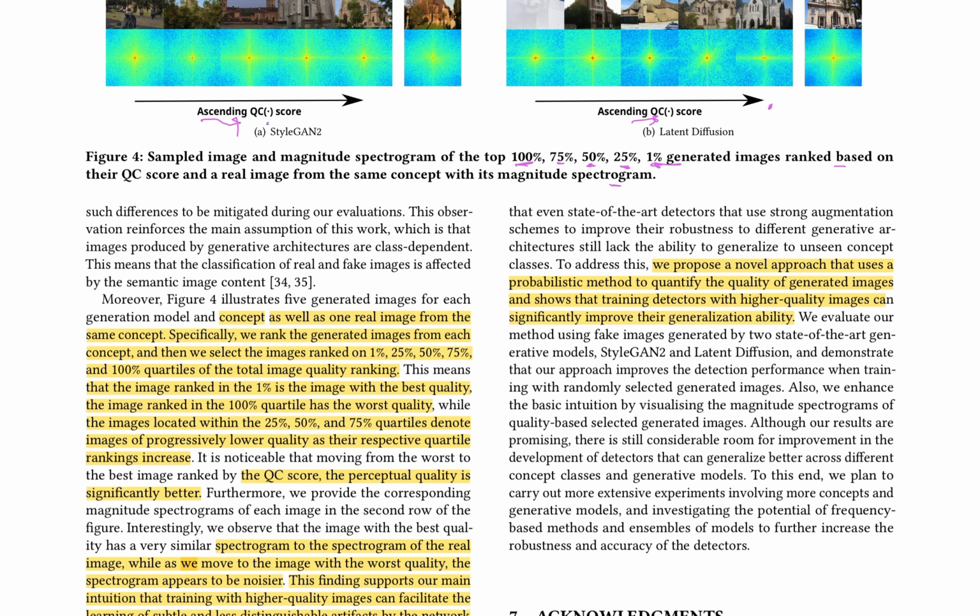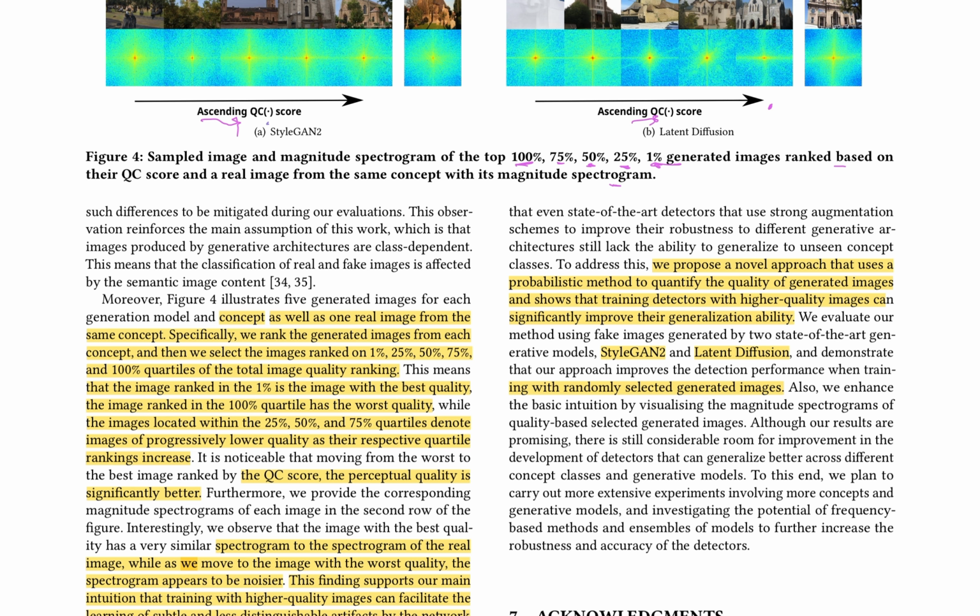We evaluate our methods using fake images generated by two state-of-the-art generative models, StyleGAN2 and latent diffusion, and demonstrate that our approach improves the detection performance compared to training with randomly selected generated images. Also, we enhance the basic intuition by visualizing the magnitude of the spectrogram of the quality-based selected generated images.